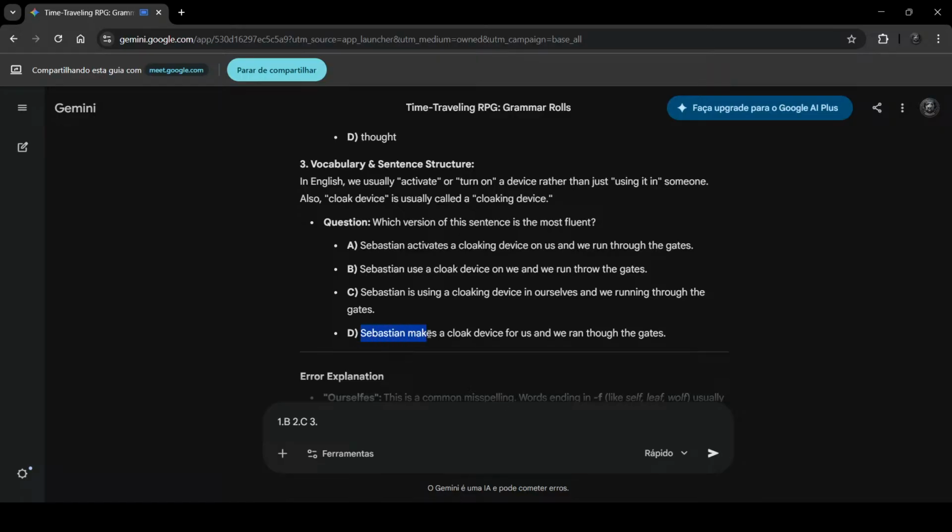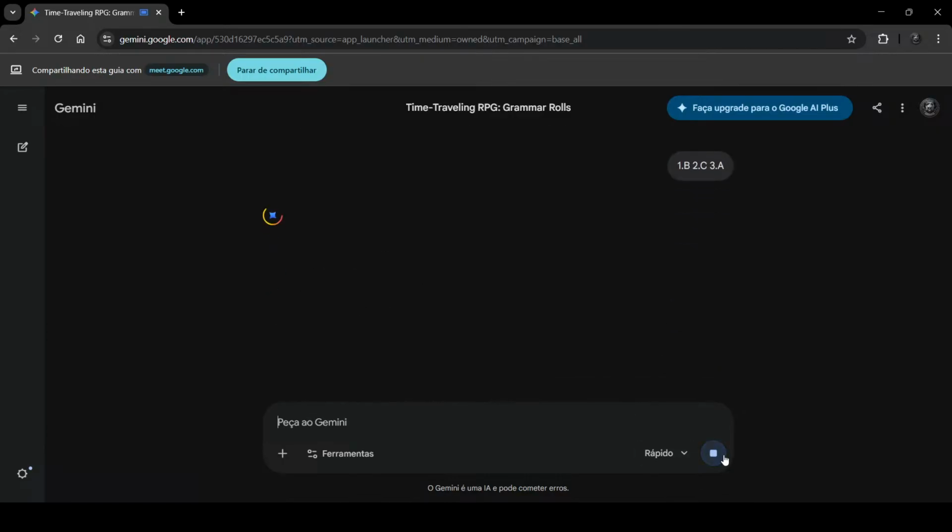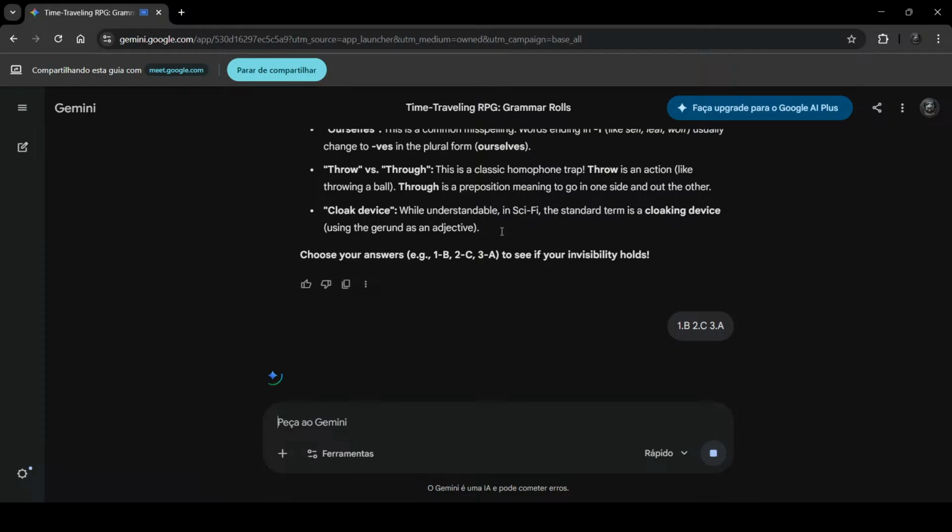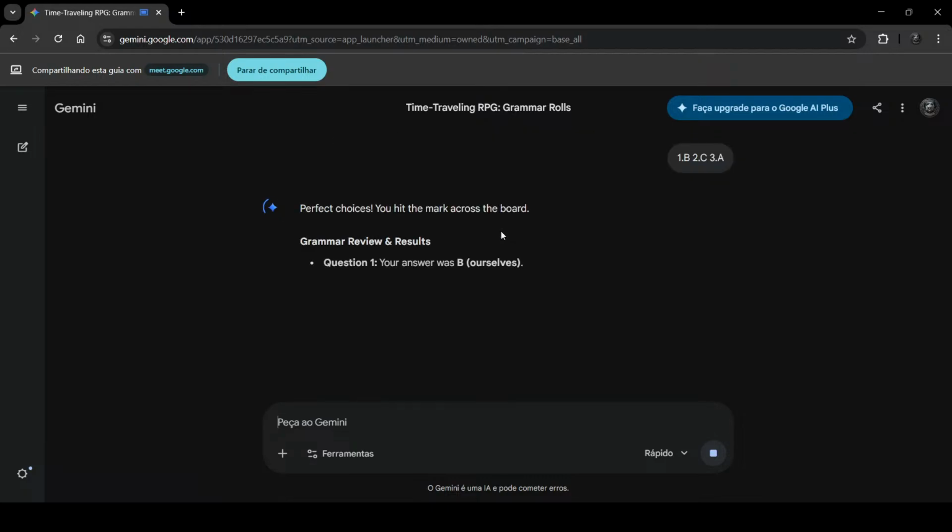D. Sebastian makes a cloak device for us and we run through the gates. A. But it's three. It's only two.